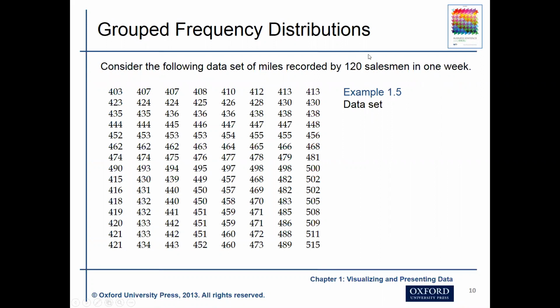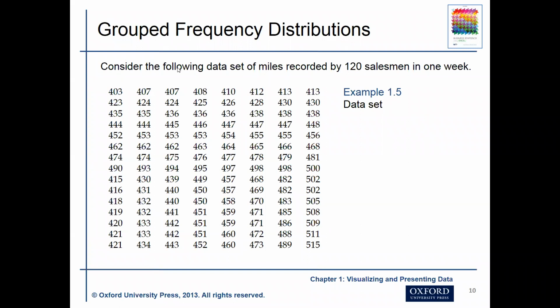So there are 120 salesmen working for a company. One salesman told that in 1 week he traveled 403 miles. The other salesman traveled 423 miles, like this. So this is the data given by 120 salesmen, their travel history.